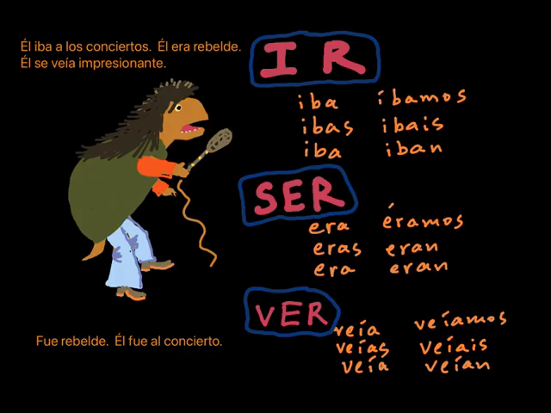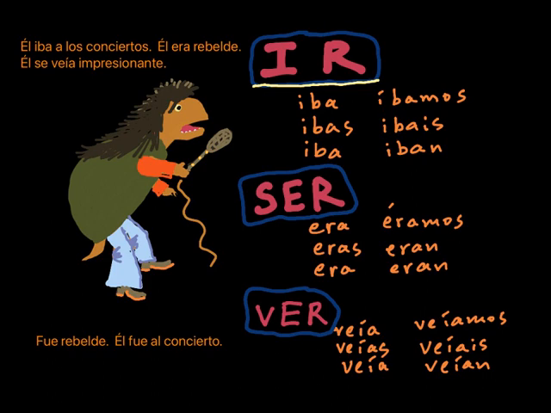Finally, you have here the three verbs that are used irregularly in the imperfect. There are only three. Ir: iba, ibas, iba, íbamos, iban, don't forget the accent mark. Which means I used to go, you used to go, he used to go, she used to go, you, ma'am, used to go, we used to go, you, plural, used to go, they used to go.